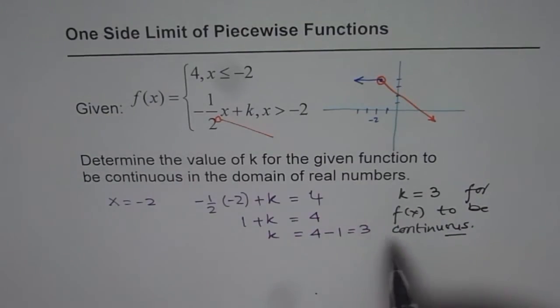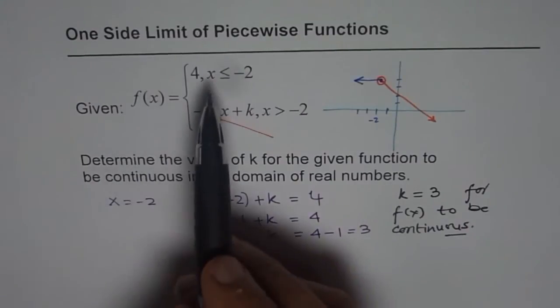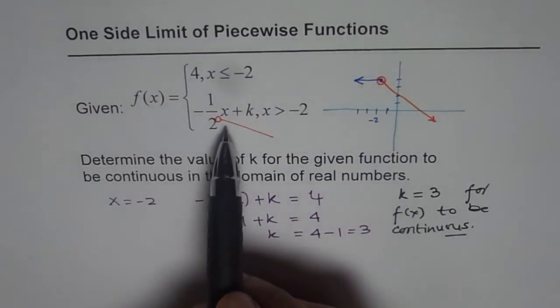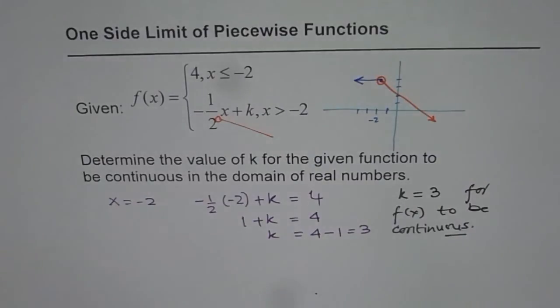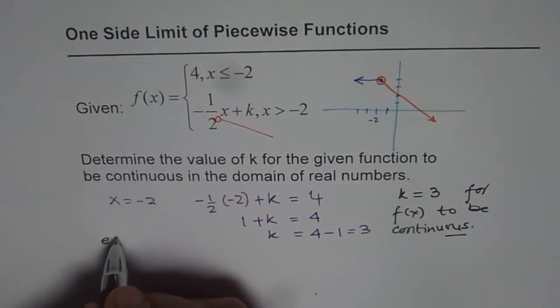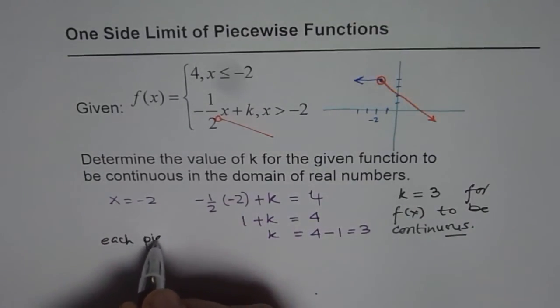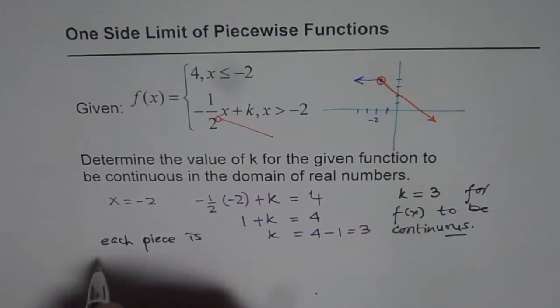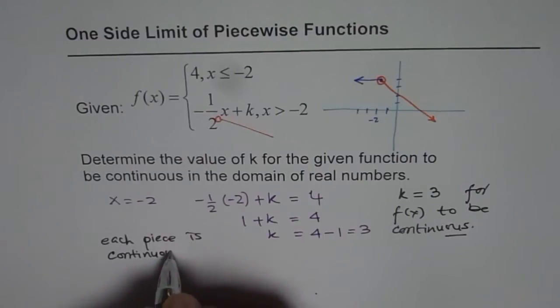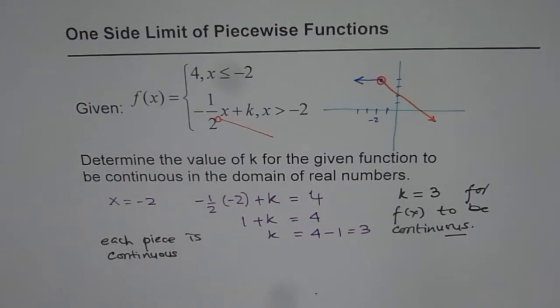So let's go through this concept once again. Whenever you have a piecewise function, then what do we notice? We notice that each piece is continuous, right? Each piece is continuous. That is the first part, right?